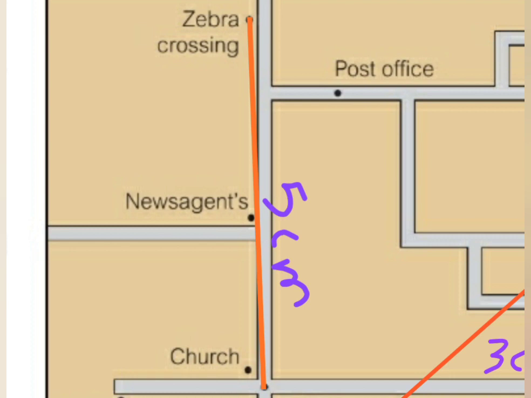Let's use this line like this. We have to use the ruler and we have to be accurate about our measurements. I know the question said estimate, but sometimes the measurements have to be correct. And this one is 2 centimeters, so we write 2 centimeters here.